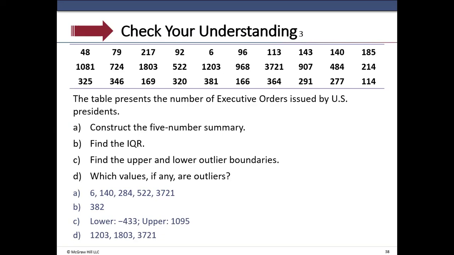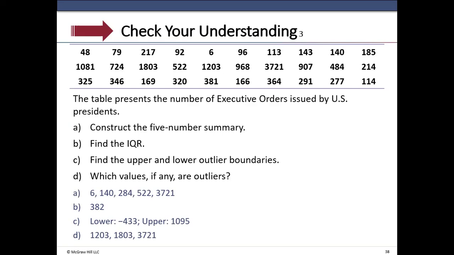What is the IQR? In this case, it will be Q3 minus Q1. 522 minus 140 is 382. That's the interquartile range. Upper and lower boundaries. So from Q1, you will subtract 1.5 times 382. Gives you a negative number. Any number lower than that on the left-hand side? No. No outliers on the left.